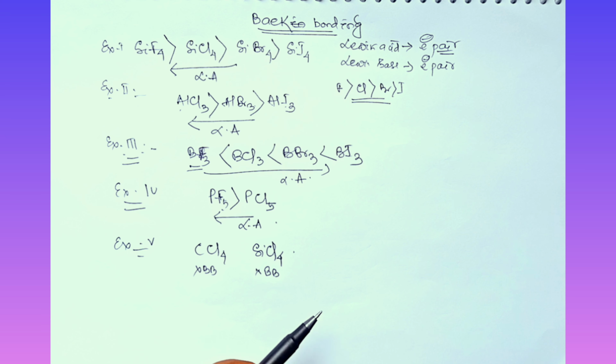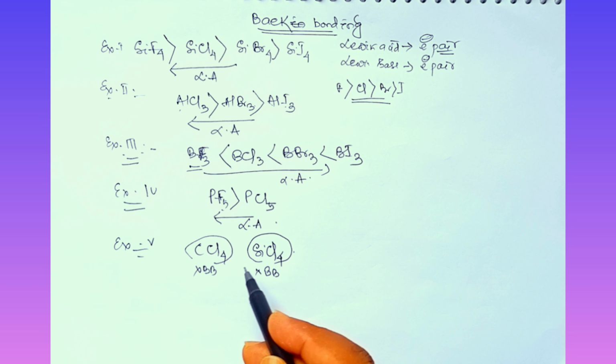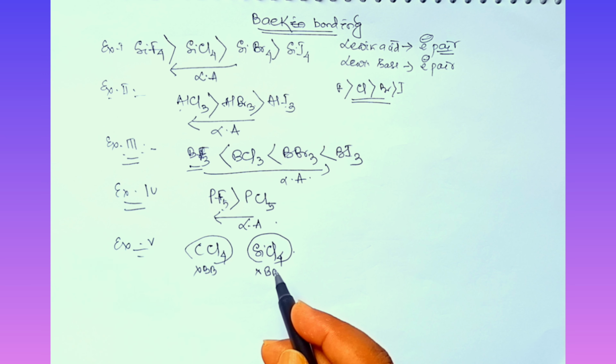Now we have to consider the Lewis acid character. Are you getting my point? That means this molecule and this molecule, when they can accept the electron pair from the other given molecules.